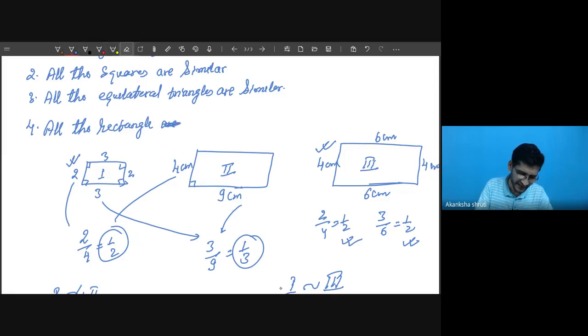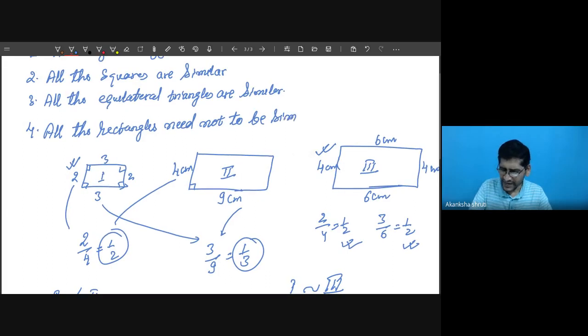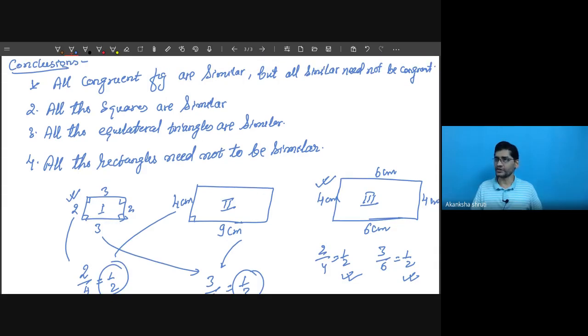You must write this: all the rectangles need not be similar. It is possible that two rectangles may be similar, but not always. Okay, these are the important things we have to keep in mind.